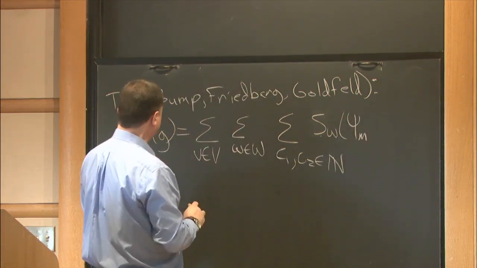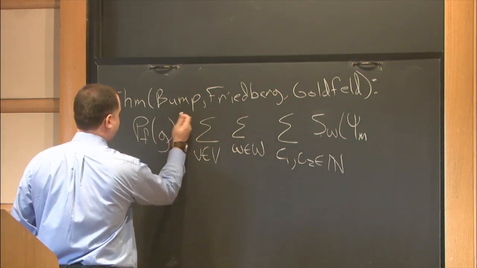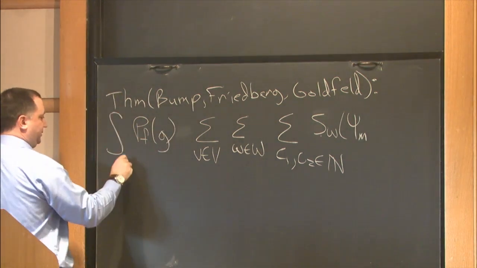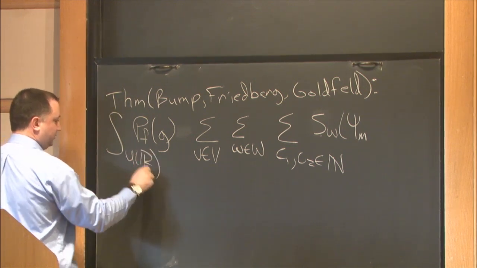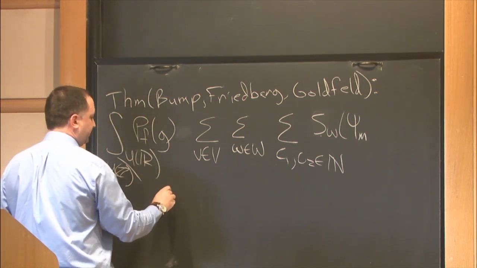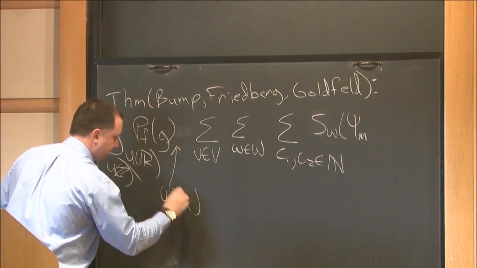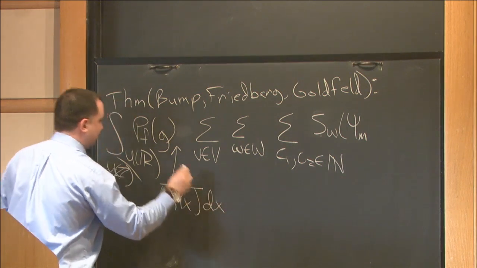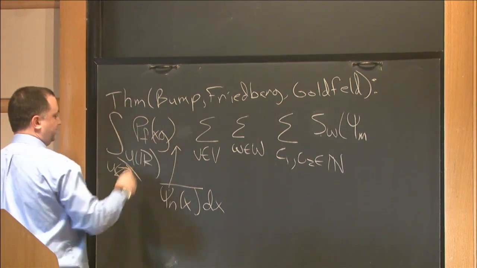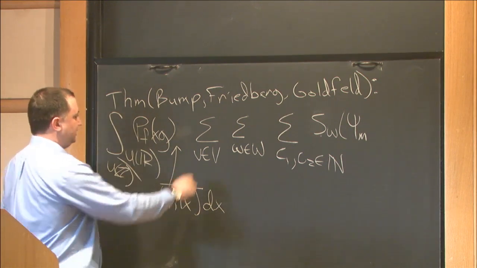Oh, oops, sorry. I was supposed to take the Fourier coefficient here. So let me take the Fourier coefficient. So the Fourier coefficient of this thing with a character in here is the integral of psi_n of x bar dx, and then put an x here. Okay, so these are the Fourier coefficients of these things.